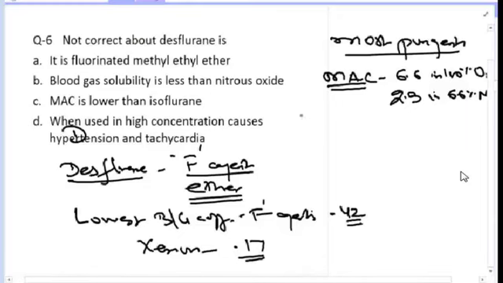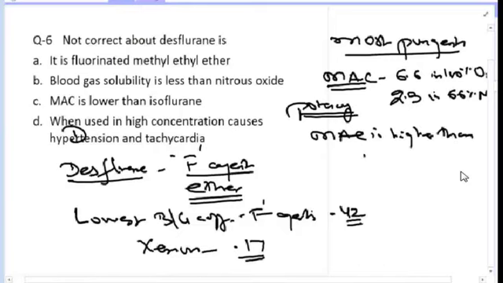MAC denotes the potency of the anesthetic agent. And since desflurane is less potent than isoflurane, MAC of desflurane is higher than isoflurane. So it is not lower than isoflurane, it is higher than isoflurane.